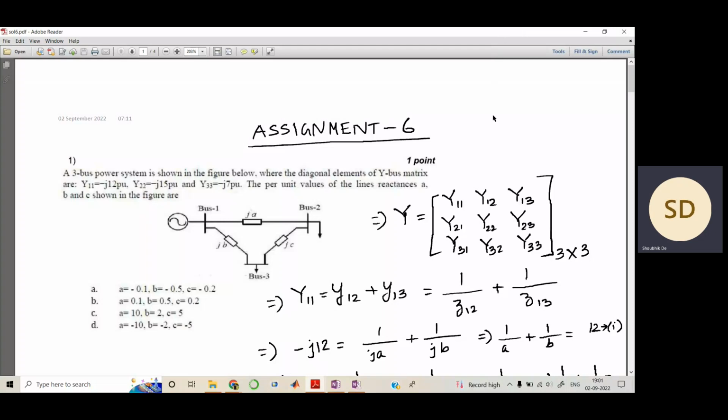We'll be looking at some of the typical problems of assignment number 6, and this assignment deals with the load flow studies, basically bus networks and all. So let us start with the first problem. The first question says that a 3-bus power system is shown in the figure below, where the diagonal elements of Y bus matrix are Y11.